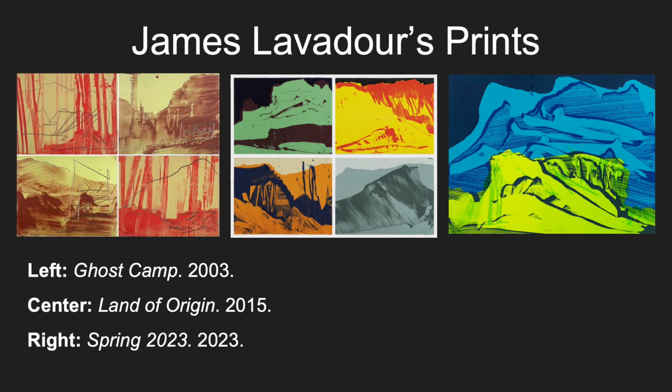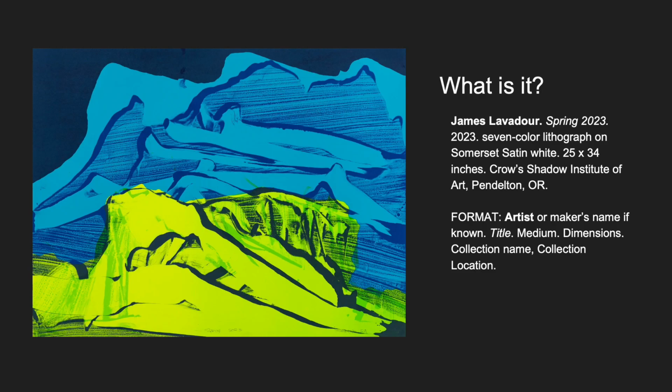To the left, we have Ghost Camp from 2003. In the center, we have Land of Origin from 2015, and to the right, we have Spring 2023, printed in 2023. Most recently, Lavadour printed Spring 2023, and that's what I'm working on for an article right now.